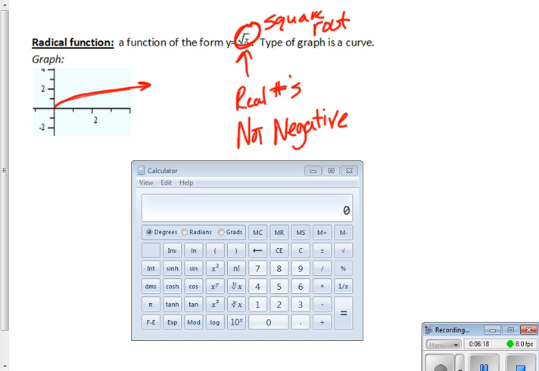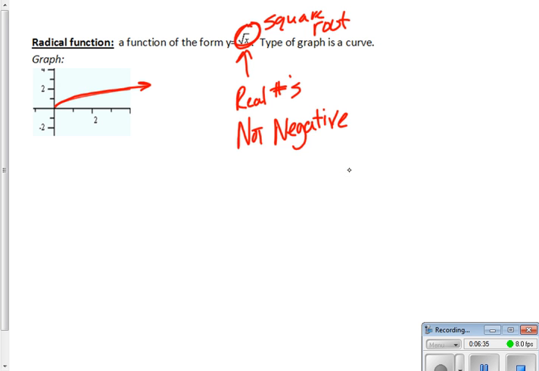Just a little proof here. If you had, let's say, 6 and a negative 6 and you put that in a square root, you would see that you would have an invalid input. You're not able to put a negative number in that square root. So that is our radical function.